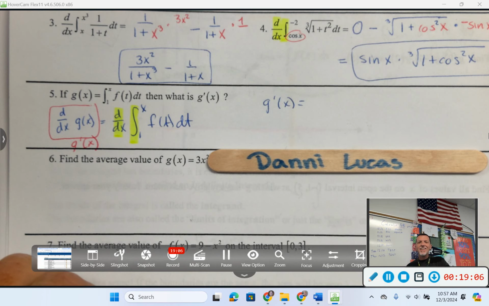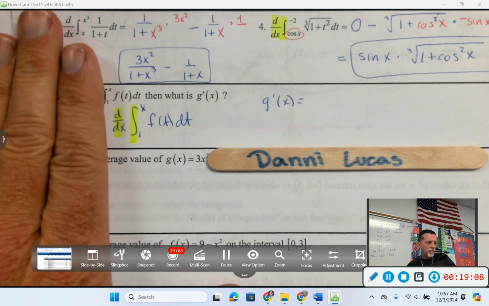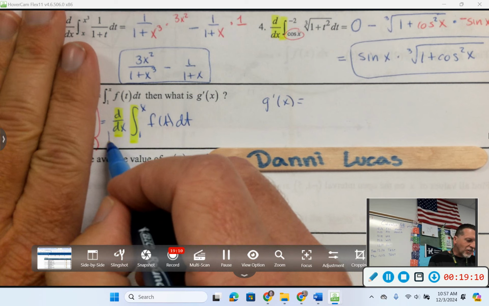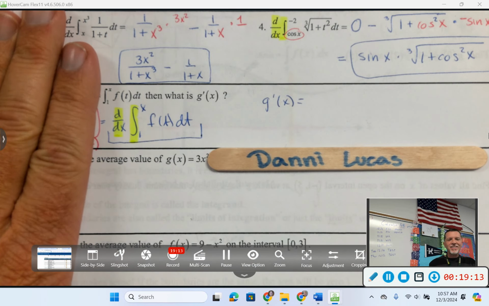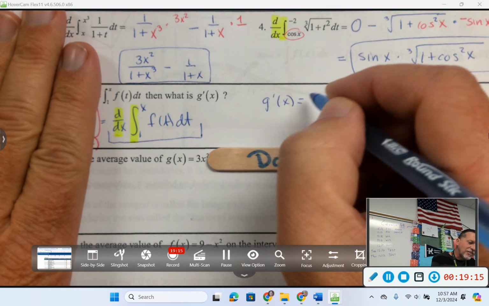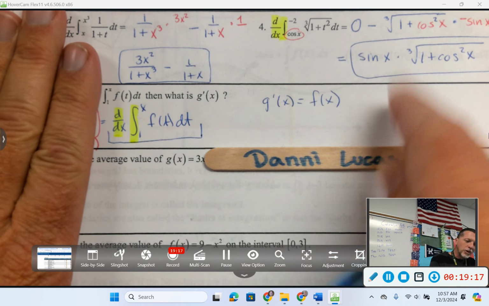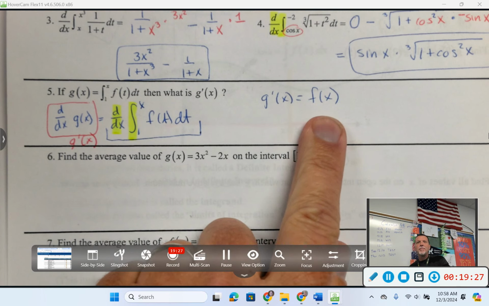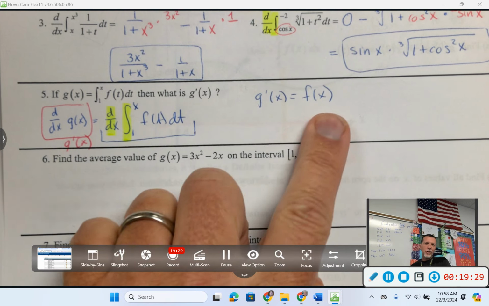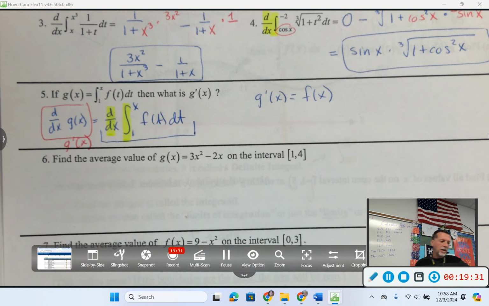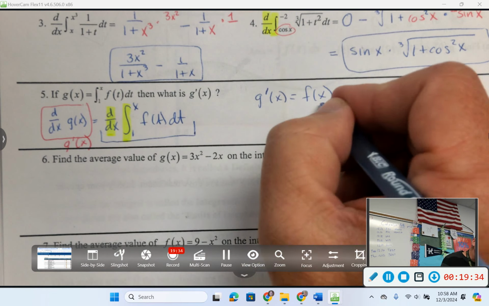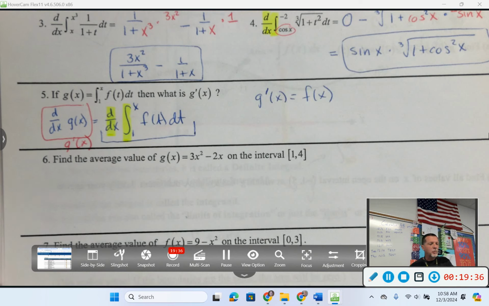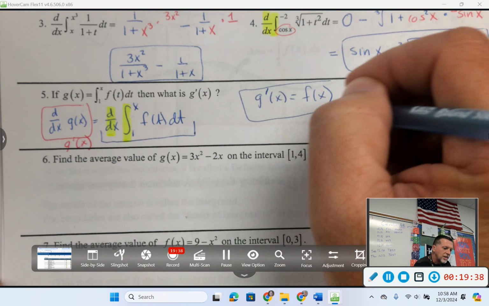What is this part right here? What does that become? Just f of x. That's a whole lot of words to just get f of x. But yes, the derivative of the antiderivative of f is back to f. Plug in x, chain rule's 1, plug in 1, chain rule 0. But yes, the derivative of g is equal to f.